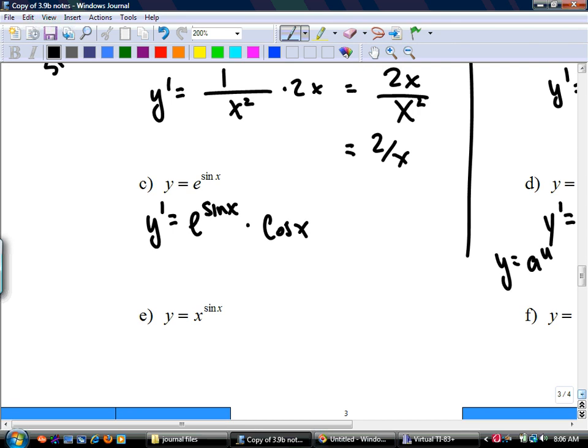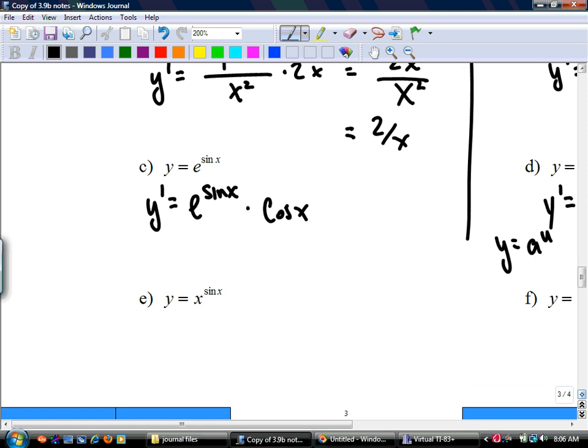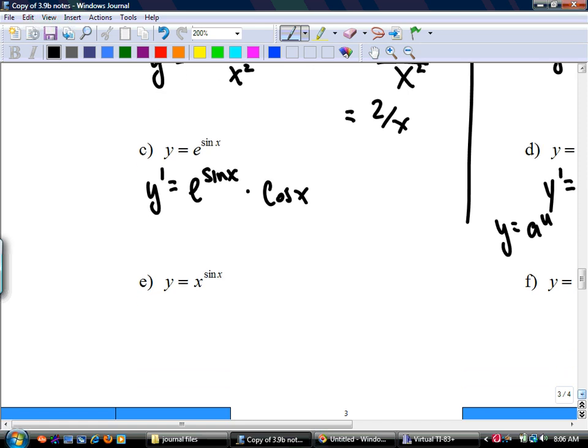Okay, y equals x to the sine x. This must be like the last one on this column. It is. It's very exciting. What do we have to do? Ah, gotcha. What do you do when you've got a variable in the base and in the exponent?